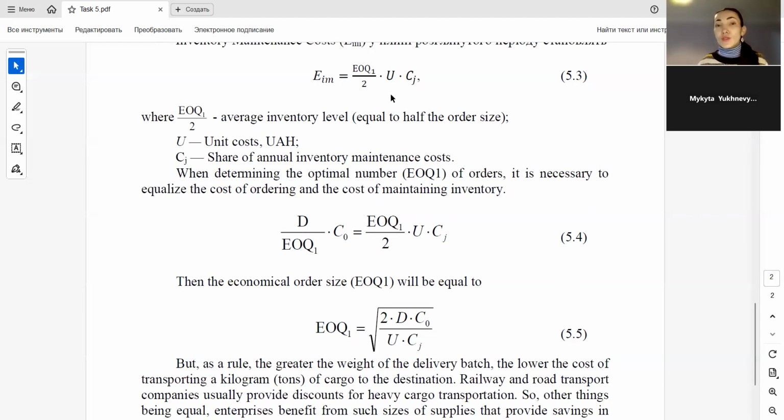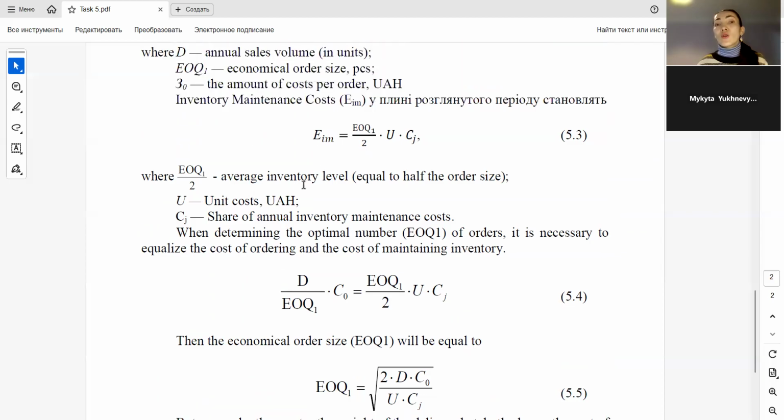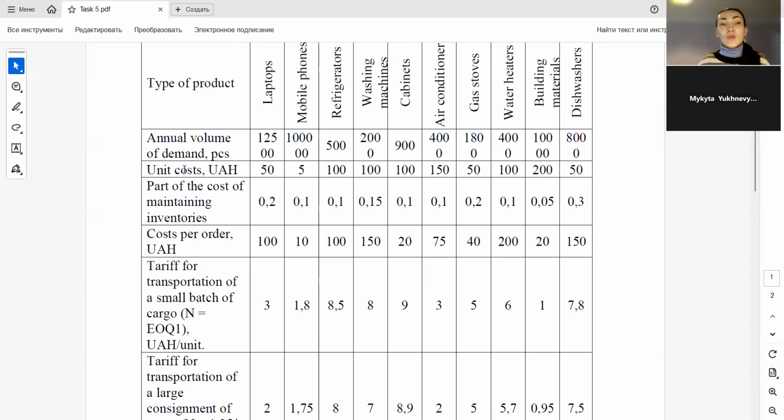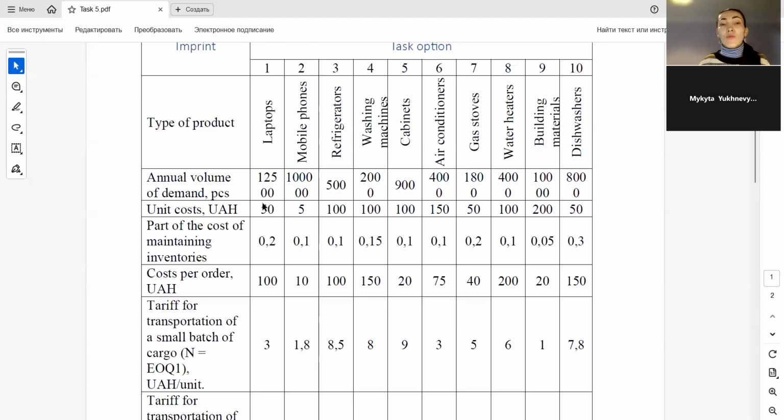Now, I will already use these values, but I show more in our table that you could use. So unit cost, it is for the fourth line of our table, for first variant 50, for second 5, and the part of the cost in maintaining inventories, it is 0.2, 0.1, and other values. Okay, use it and calculate our formula.